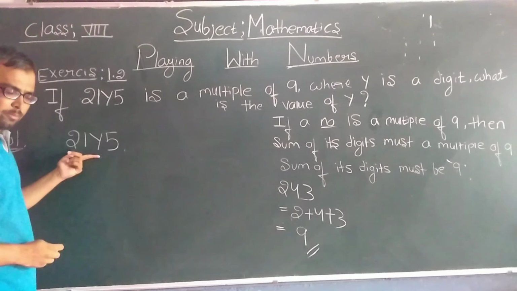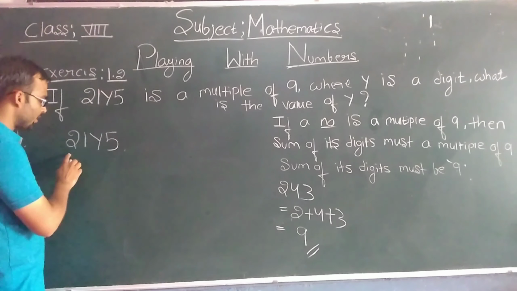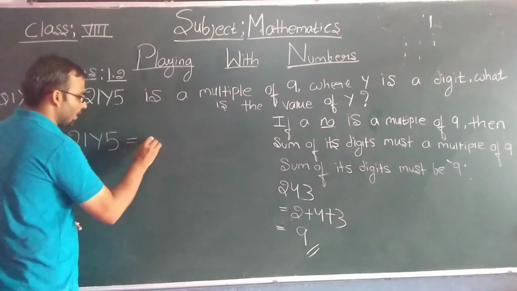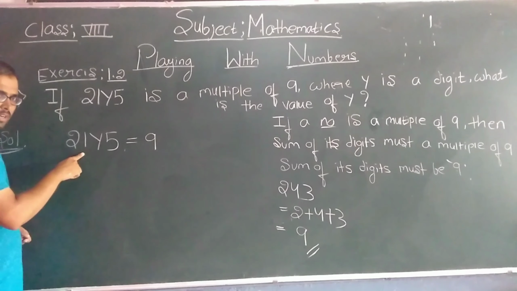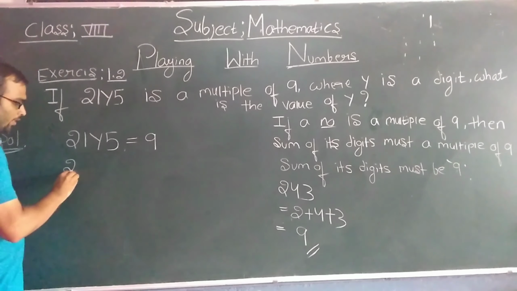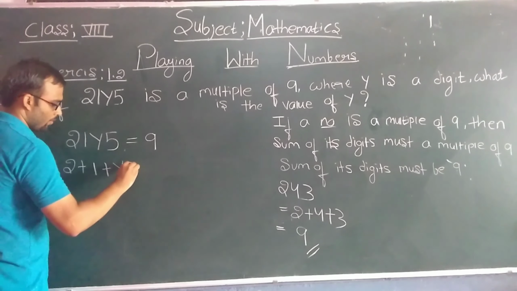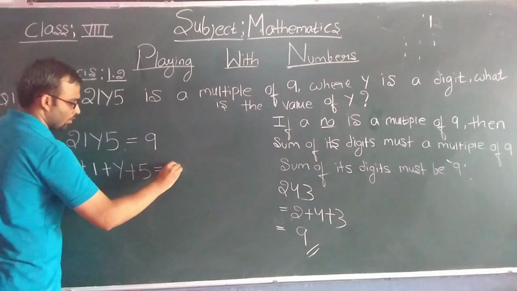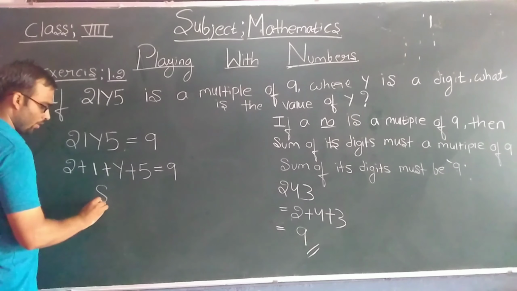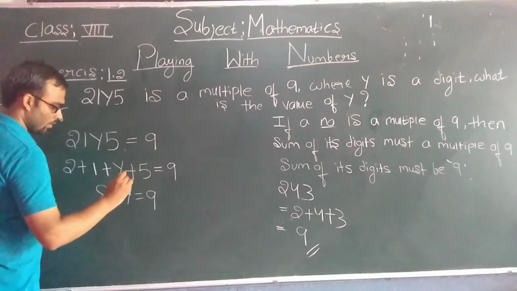If this is a multiple of 9, then the sum of all digits must be equal to 9. So 2 plus 1 plus y plus 5 is equal to 9. 2 plus 1 is 3, 3 plus 5 is 8.